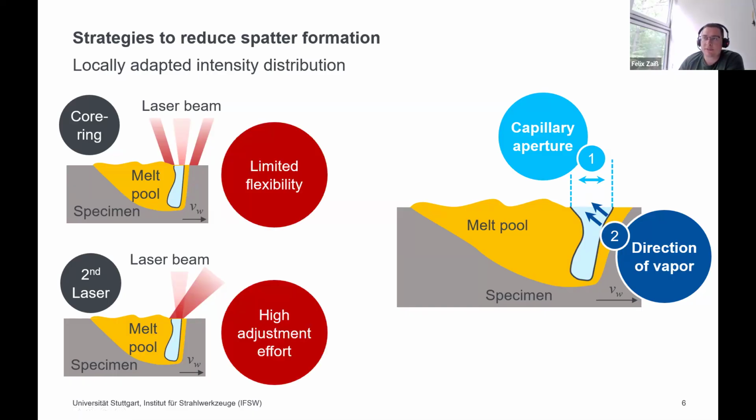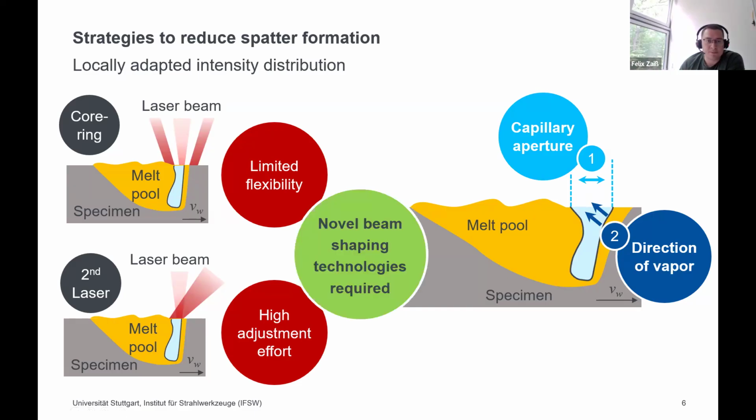However, these systems have limits in their flexibility, so there are not as many core ring dimensions or ratios you can choose from. And with the second laser beam, you have a lot of adjustment effort. It's a real pain to superimpose these two beams. This is why novel beam shaping technologies are required to really address these issues for all the different welding situations we have.